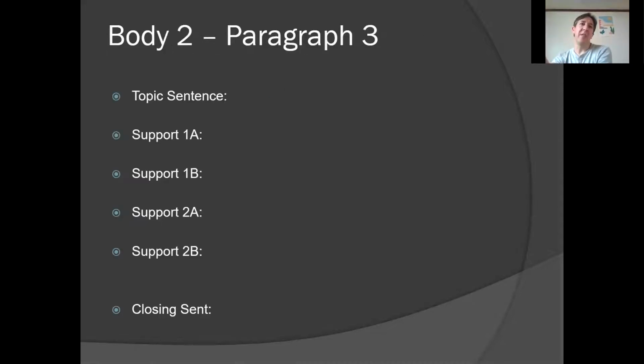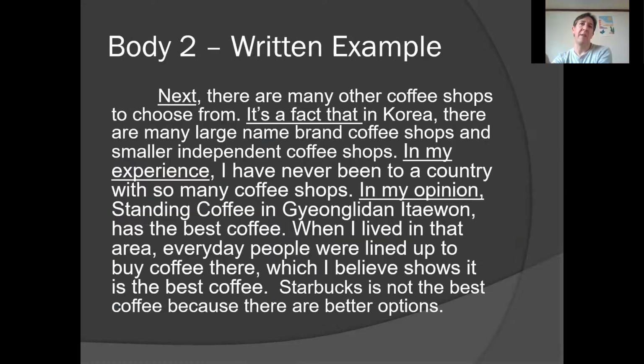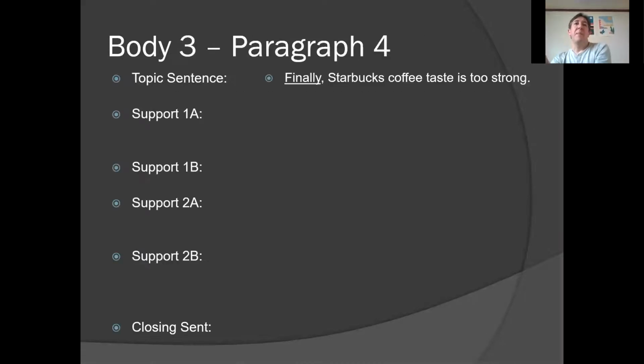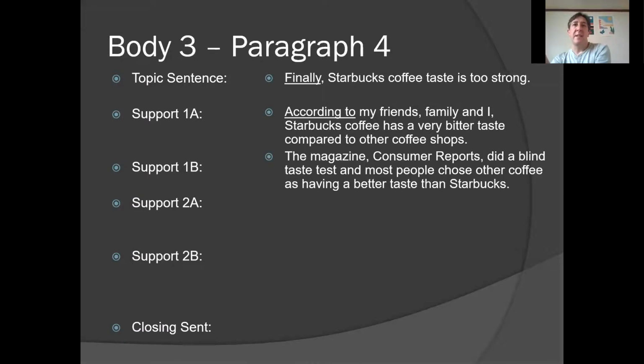And then the structure is the same for each body paragraph. So body 2, I talk about my experience. And I talk about it's a fact. Second sentence, it's a fact that. Body 3, I'm talking about the taste.